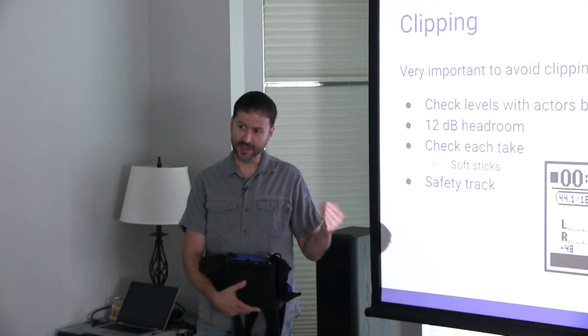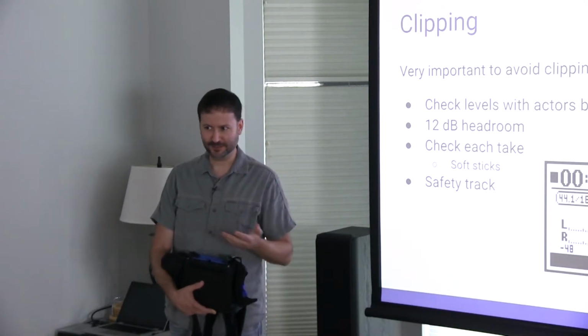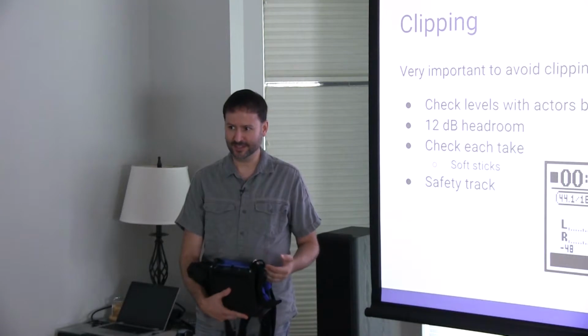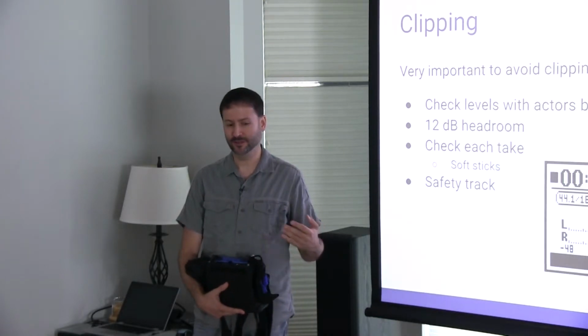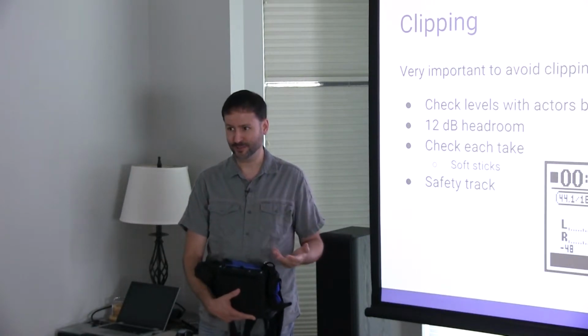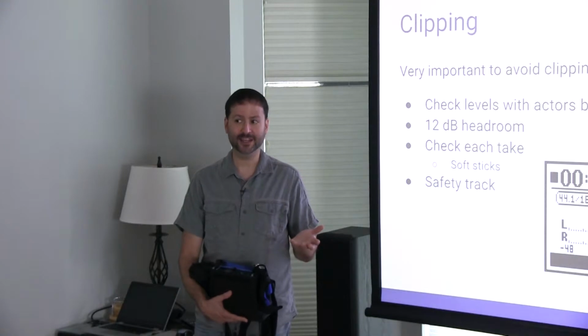So that even though I've worked to get my levels right so that I won't clip, you get an actor who screams louder than they did the last 3 times, or the microphone was closer when they did it, or there's a door slam, or they trip over whatever, right? You want to get that if you can.